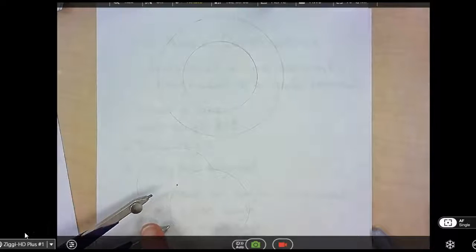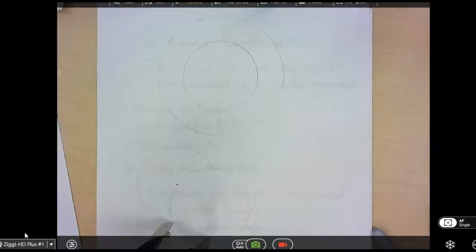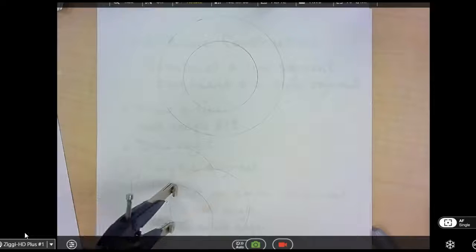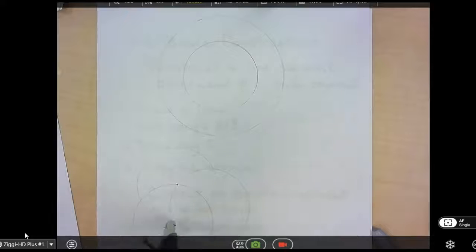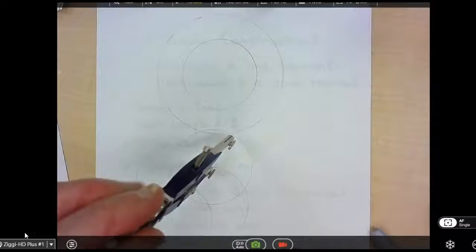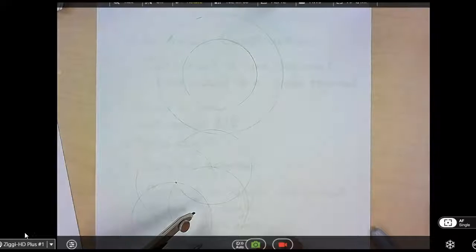And then from each intersection, you can draw a circle. And those circles will all start overlapping. And you will eventually end up with a flower.